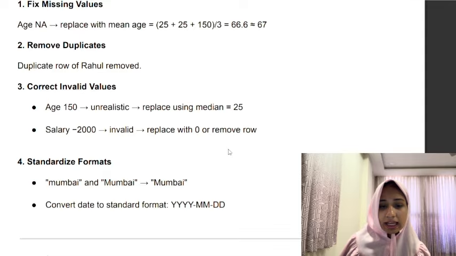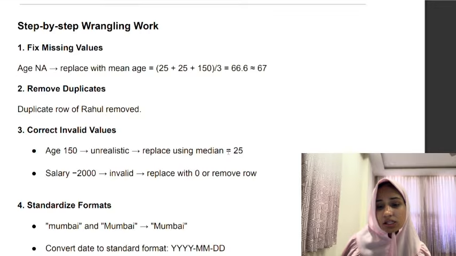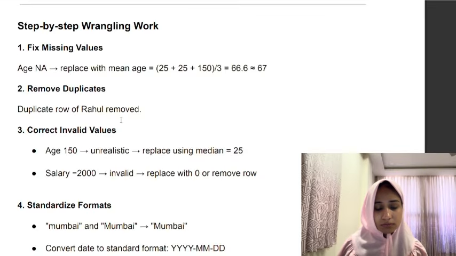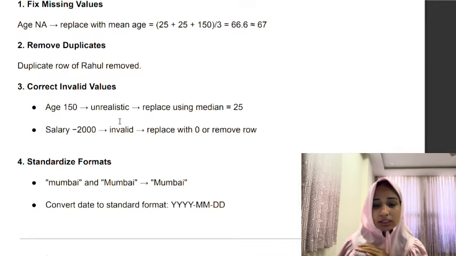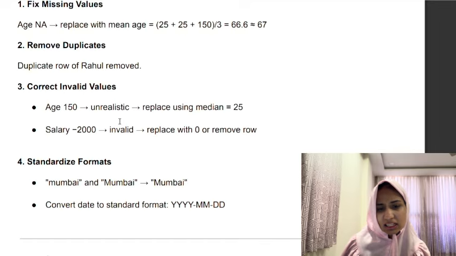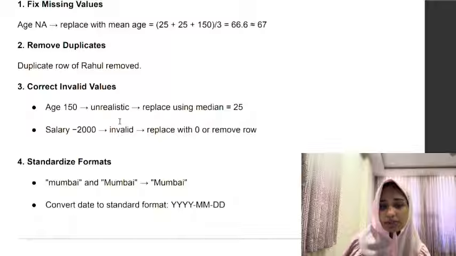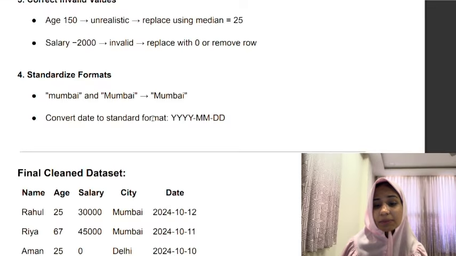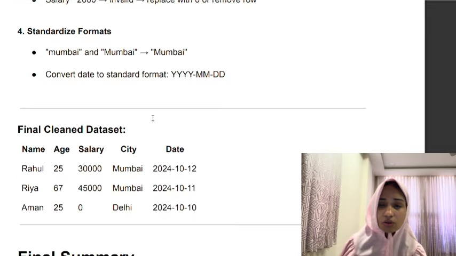Fixing values: we replace age with the mean age, which was around 67. Now remove duplicates: Rahul appears twice with the same entries, so we remove one. Age 150 is unrealistic, so we replace it using the median, 25. Salary of minus 2000 is invalid, so we replace it with 0 or remove the entire row.